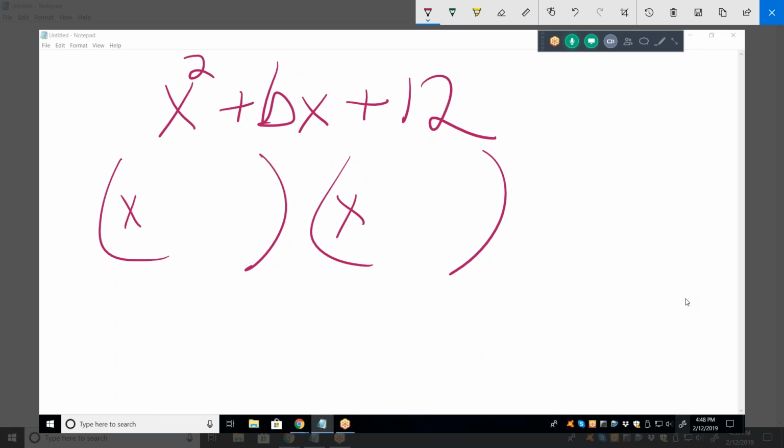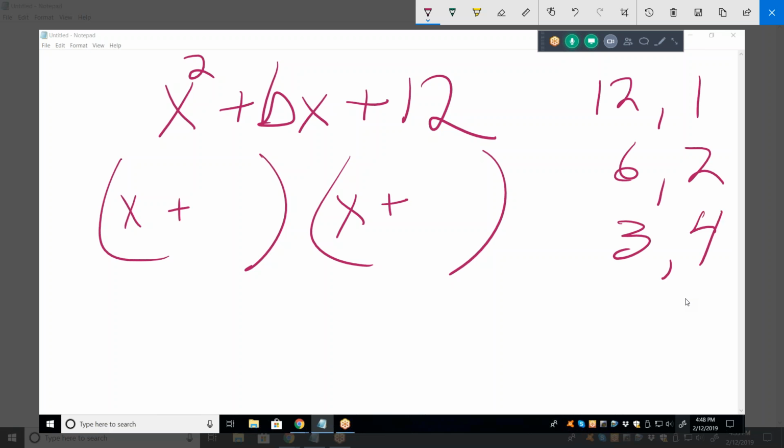All right, so x on both sides. What are both signs? They're positive. And the only thing that can go in this other spot are these three possibilities. So it's 12 and 1 is one possibility.